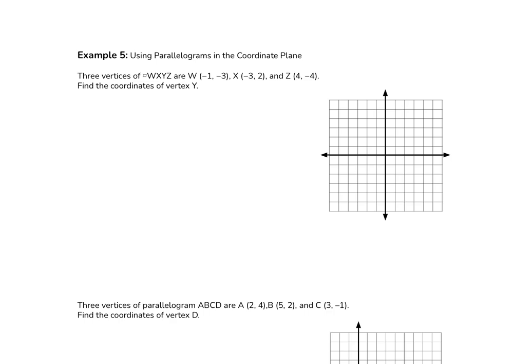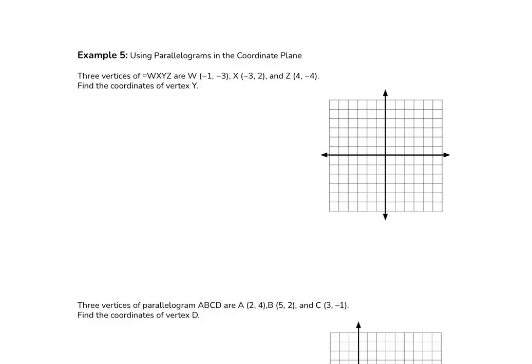Okay, this one at the top of the next page. They give us 3 vertices of a parallelogram. We have to find where y would be, okay? We got to figure out where that point y would end up at. So the first thing, kind of like we did on the last one, except here they only give me 3. We're going to plot w, x, and y, or w, x, and z.